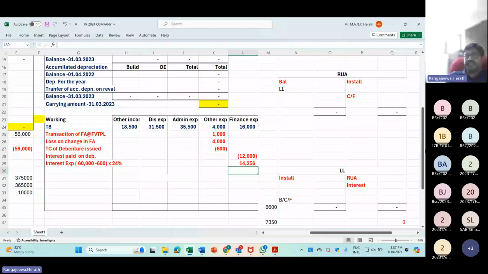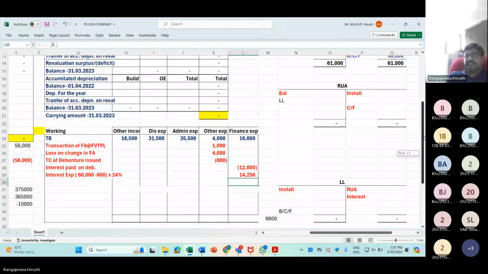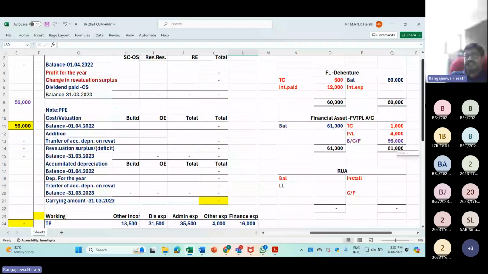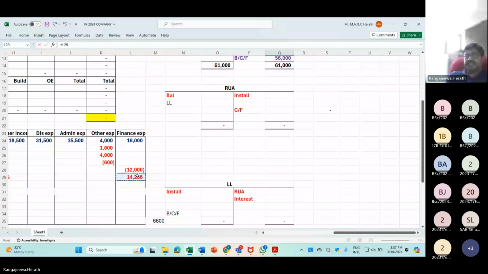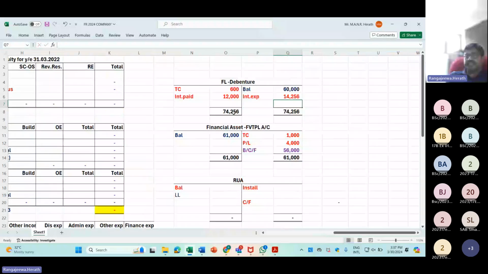So this 14,256 can be credited to the debenture account. So altogether, now you can find the balance carried forward of debenture.